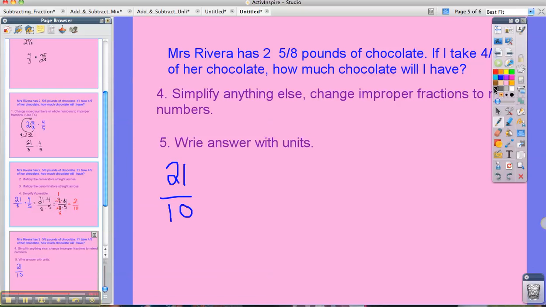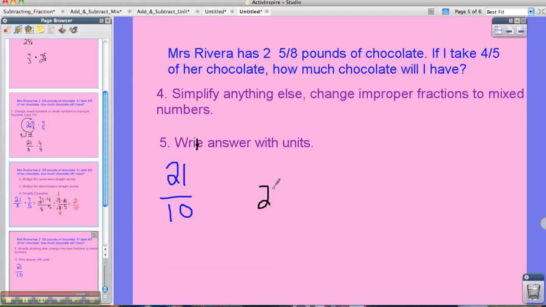So now our final step says simplify anything else, which means we have to change any improper fractions to mixed numbers, and then write the answer with units. So we know that this is improper. The big 21 is sitting on the little 10, squishing him. That's rude. So we're going to have to change this improper fraction to a mixed number by dividing.